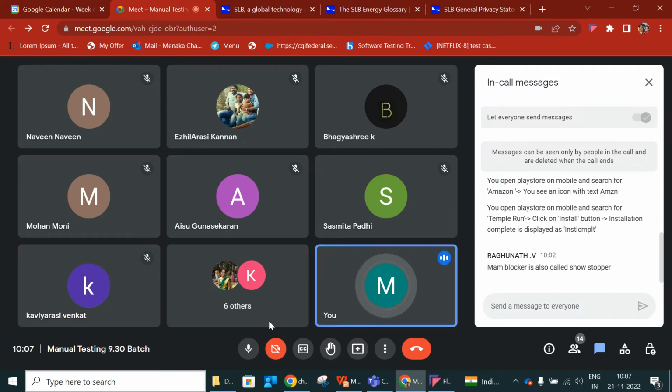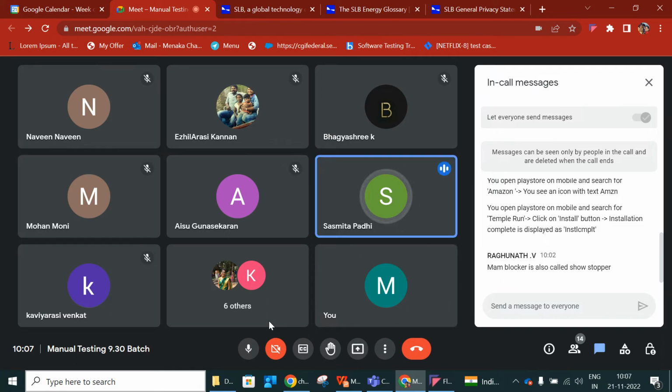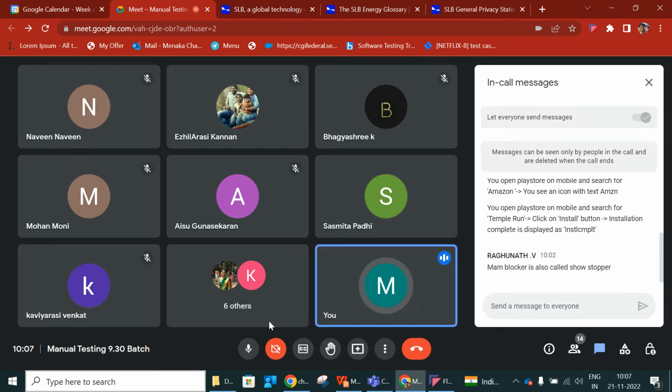Sashmita, the first one is high severity and high priority, because it crashes completely. Okay, the next one is correct.